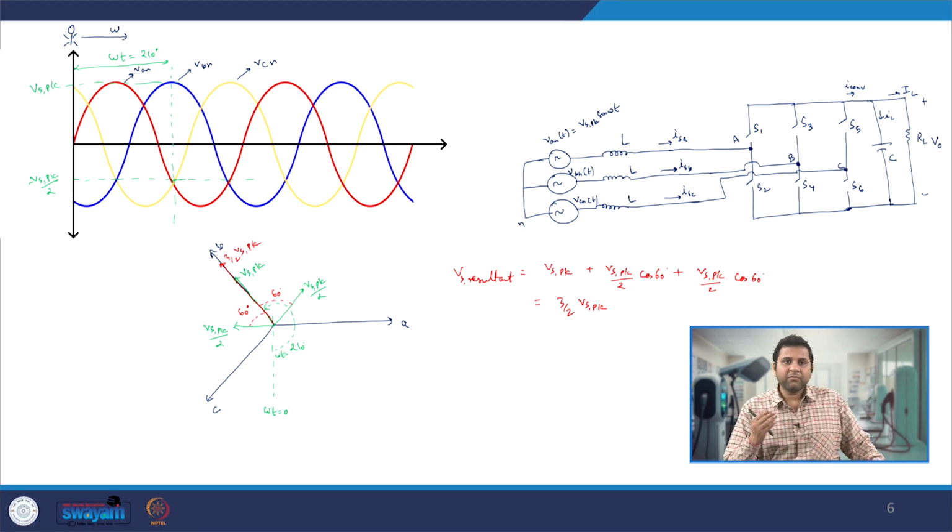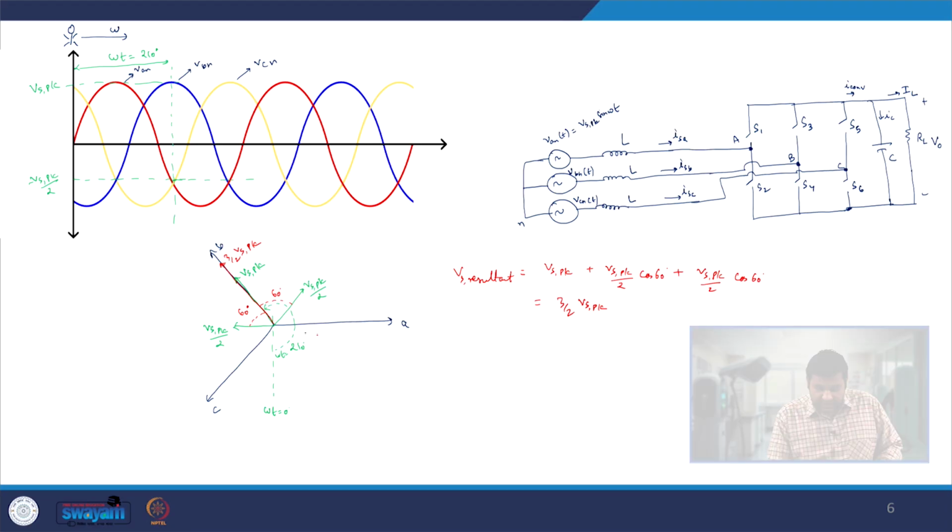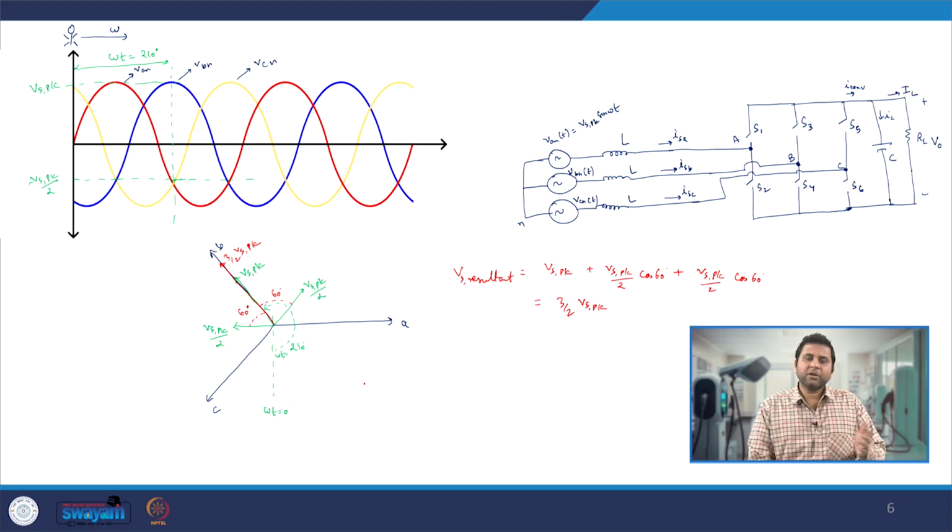At the same time, from the excitation perspective, they are 120 degrees displaced from each other in terms of time. So here we have seen that when we moved by 210 degrees, with the A, B, C axes 120 degrees apart, the resultant is the same value, 3 by 2 Vs peak.